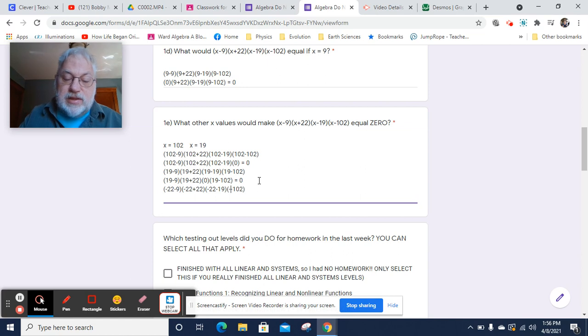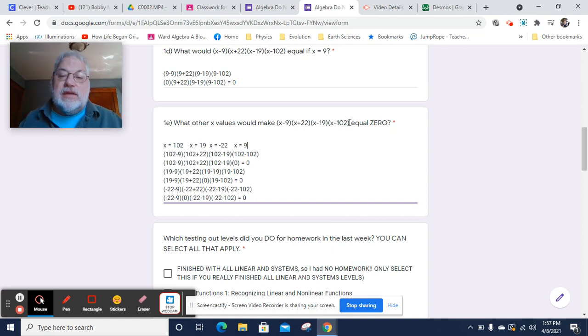And it doesn't matter in this case what negative 22 minus 102 is, because this whole thing is getting turned into nothing by this one, because negative 22 plus 22 is 0. And so the whole thing equals 0. So one more value for this, X can be negative 22. And of course, we already know X can be 9. If we want this whole thing to be 0, these are the things that would make it 0.